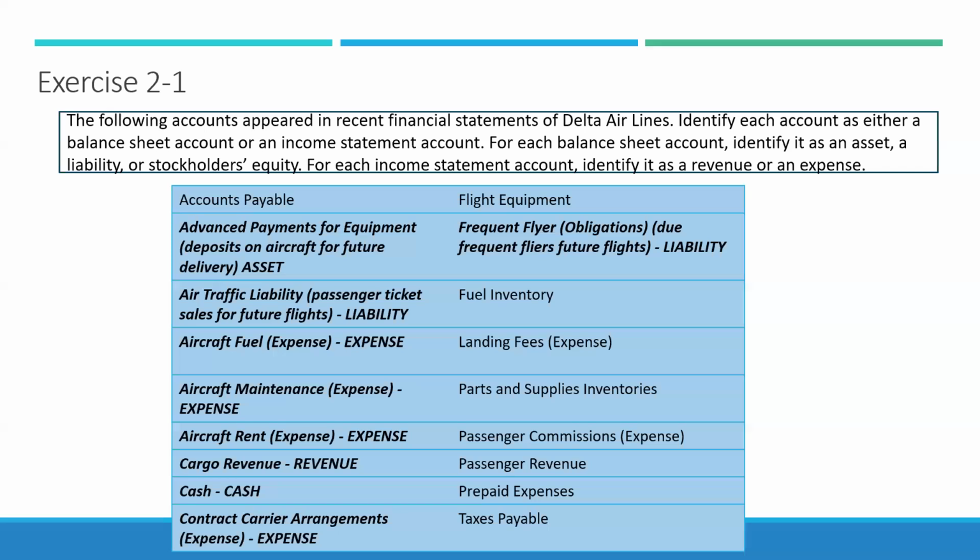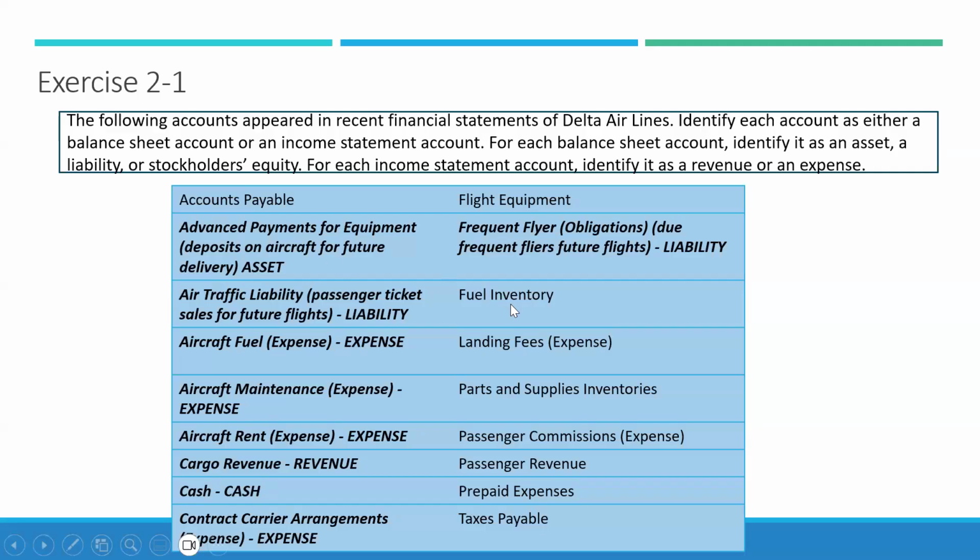So basically, the more you fly, then they start crediting your account for potential future free or reduced flights. So when there's a frequent flyer program, it's a liability because they're going to owe you something. Does that make sense? They owe you reduced fares or free flights.